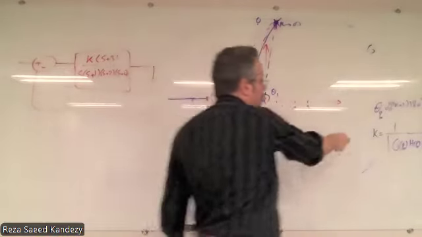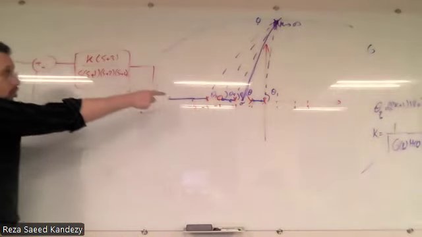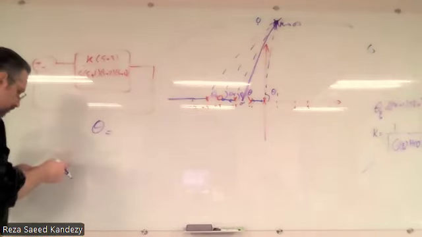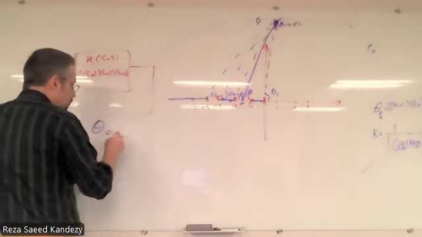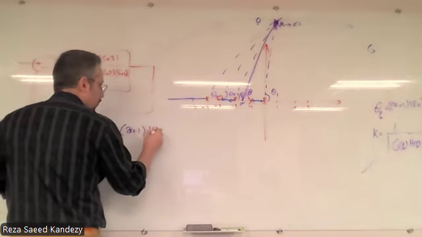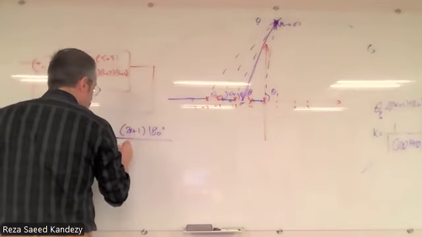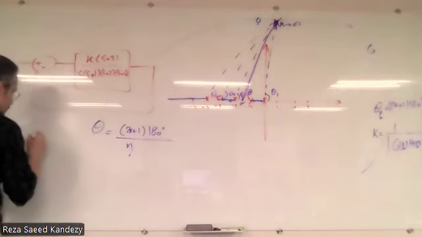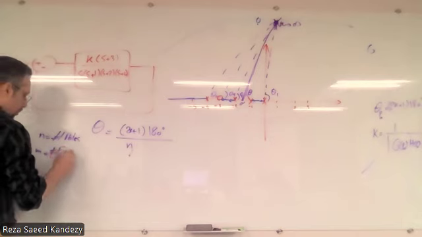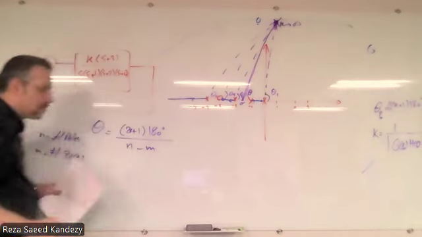Now, using those two rules, if we derive the whole mathematics, we can find out that the theta of this line should be the (2k plus 1) 180 condition, divided by the number of poles minus the number of zeros, where n is the number of poles and m is the number of zeros.